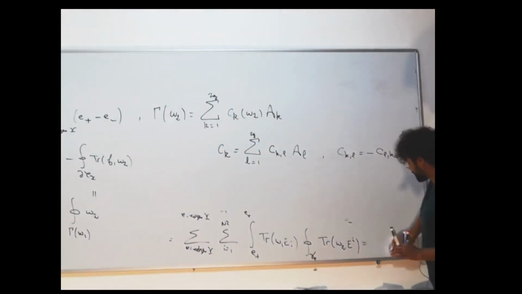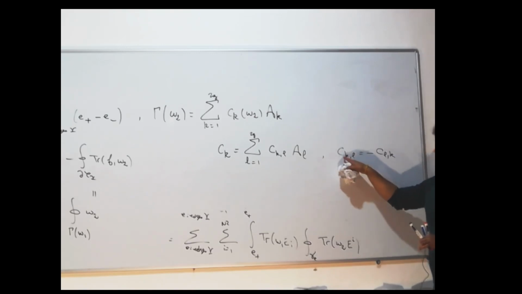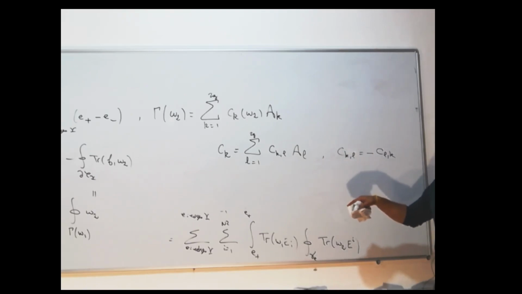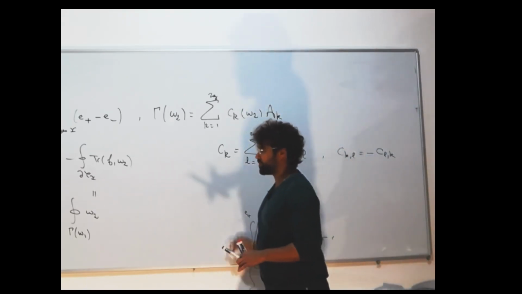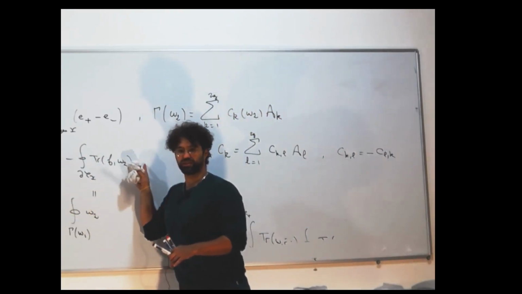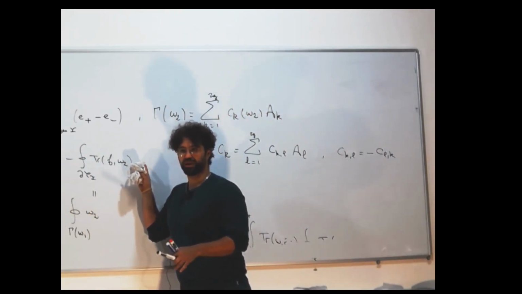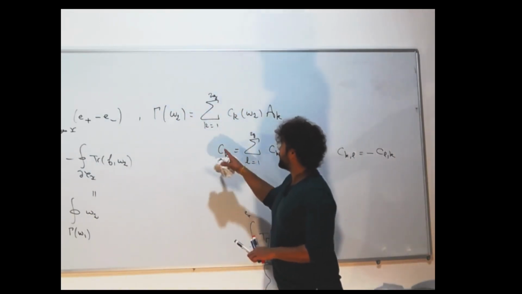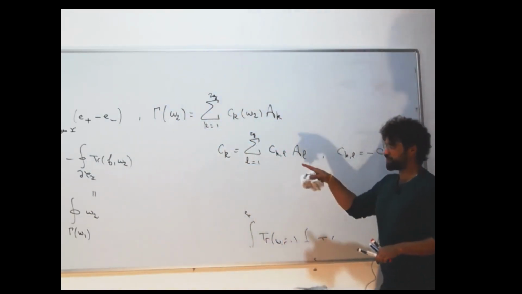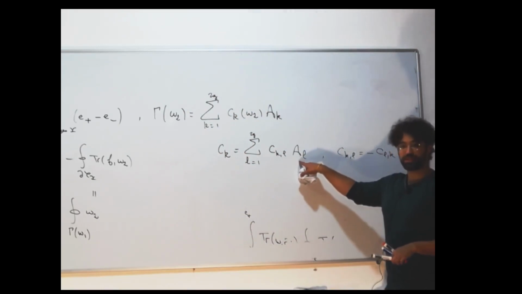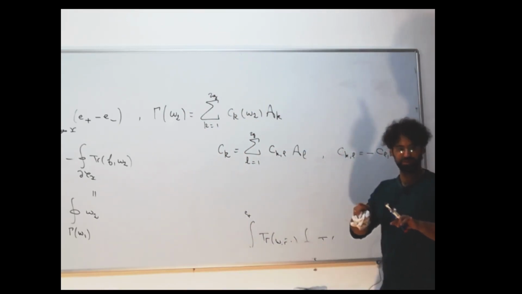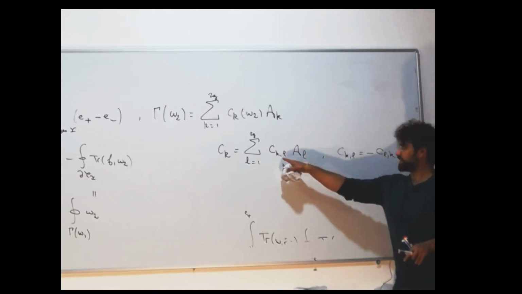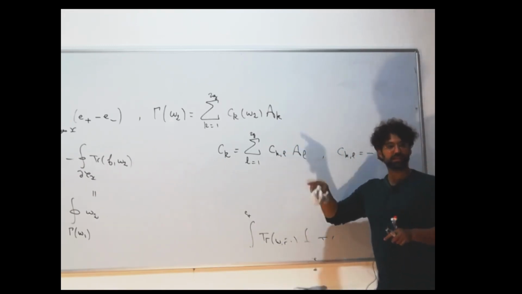So basically now the rest of the proof consists in showing that this matrix C is the inverse of the intersection matrix. Okay, so if you remember, the result in the statement of the theorem was a bilinear expression in the integrals of omega 1 and omega 2 on the basis, and the bilinear expression involved the inverse of the intersection matrix. And basically, now we have to show that this matrix C is that inverse.